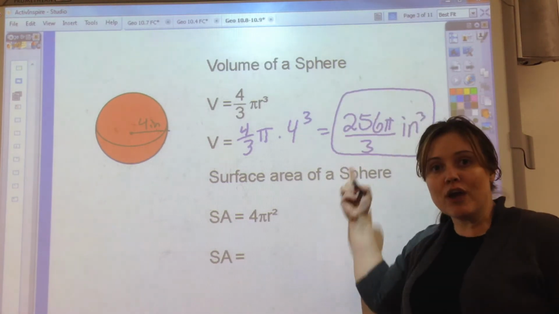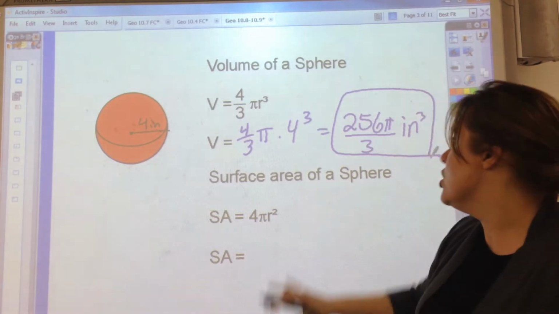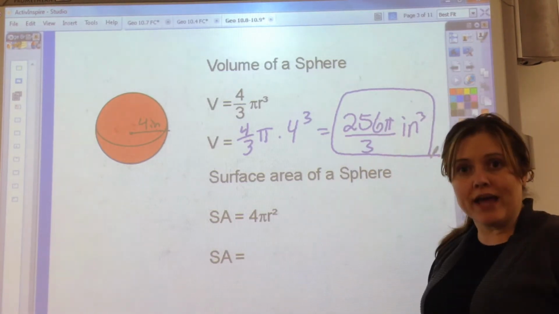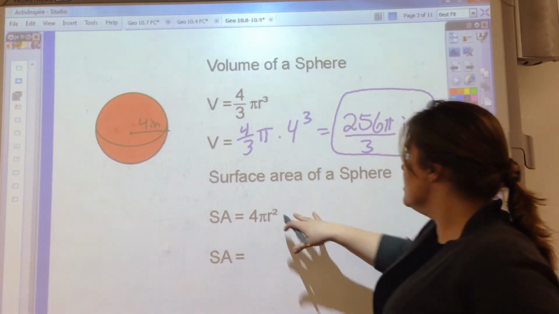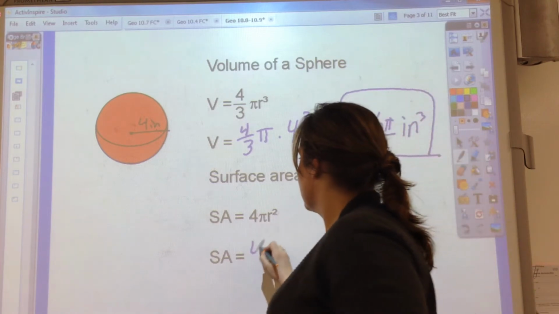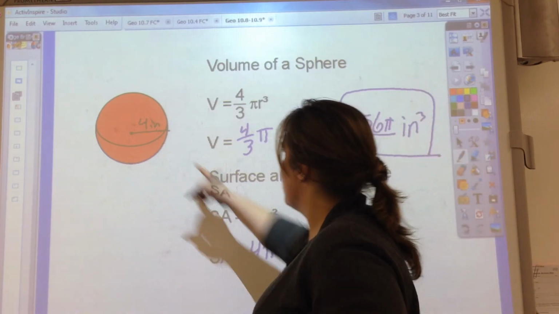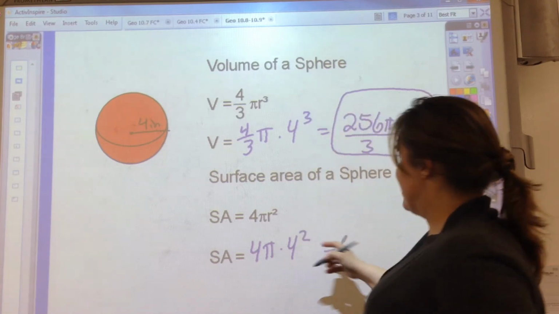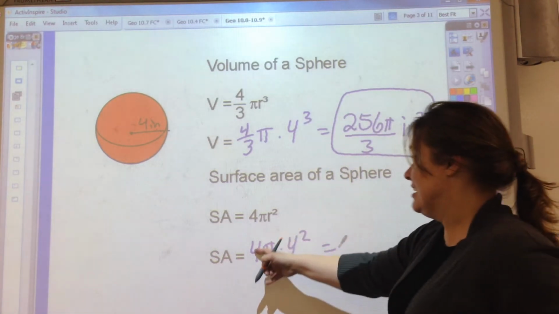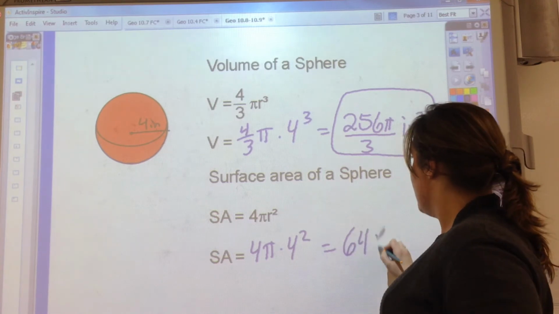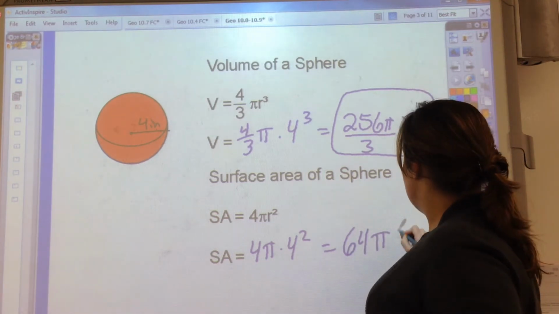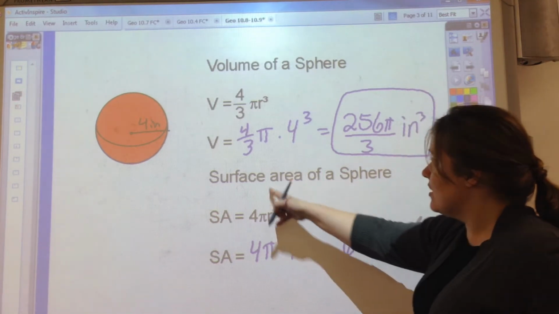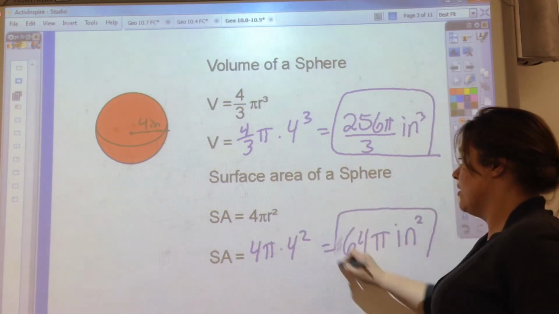And unless you're asked for an approximate volume, go ahead and leave it in terms of pi and give me an exact volume. To find the surface area, your formula is a little bit quicker. You're going to plug in 4. And I'm going to get 4 squared is 16, times 4 is 64 pi, and again I used inches, so my area is going to have inches squared.